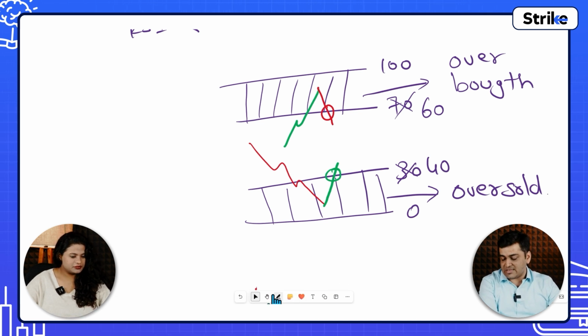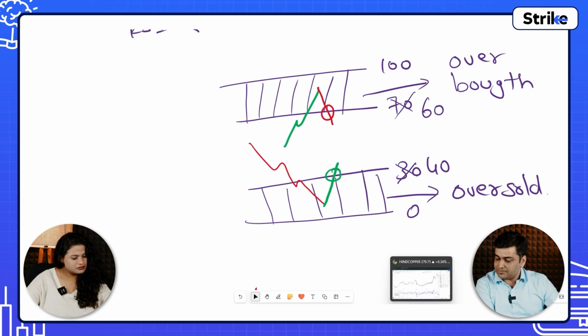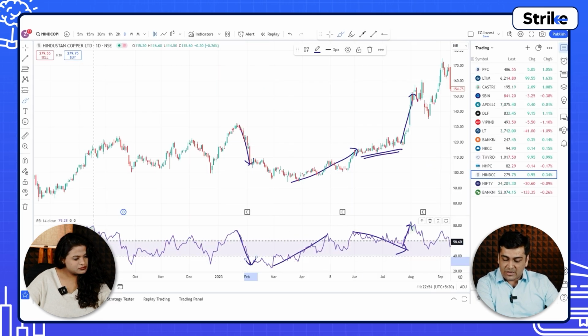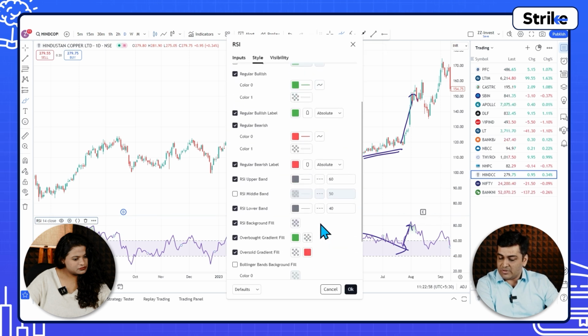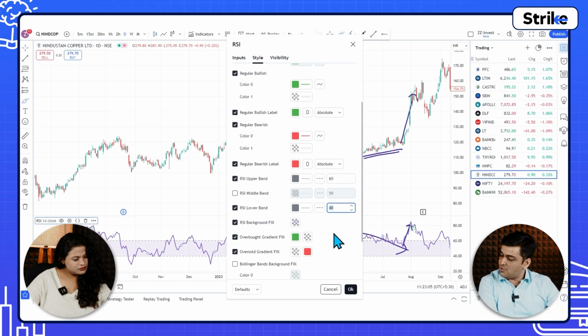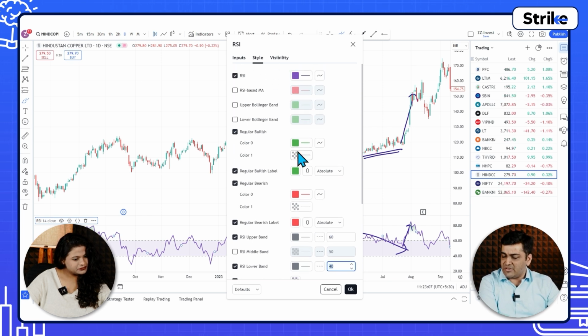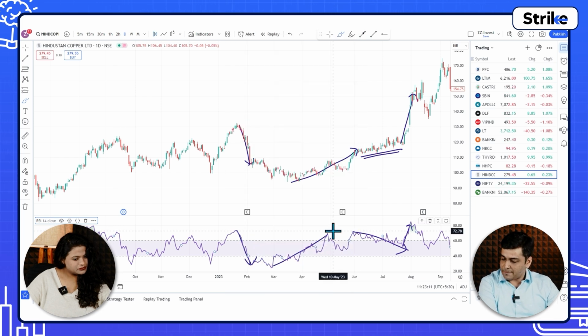In our RSI, the default setting is based on 70 and 30. We will come here and change the RSI upper band to 60 and the RSI lower band to 40. And the period we will keep at the default 14 only. No change in that.